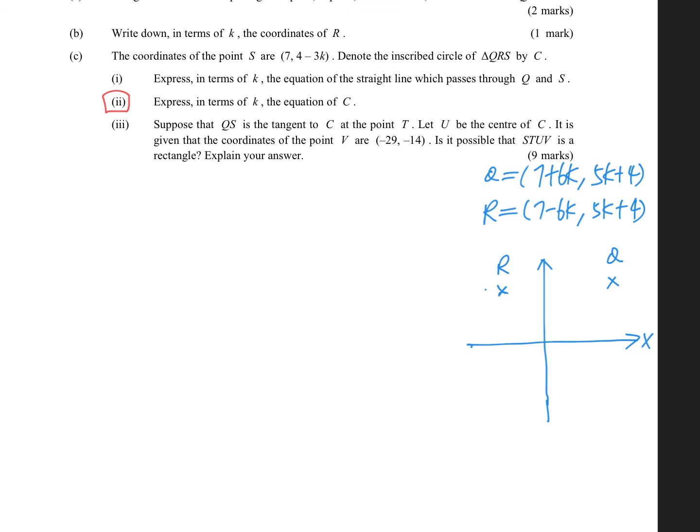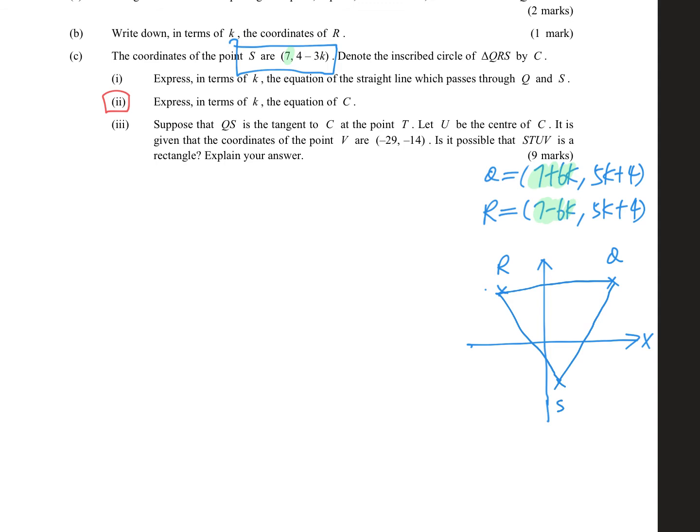Good. And then S is somewhere here. You can see S, the x coordinate is 7, so if you consider the x coordinates only, this is 7, and then this is 7 plus something, and this is 7 minus something. Whoa, and then don't forget QR is horizontal, so that's why a big discovery is here. So S is here.